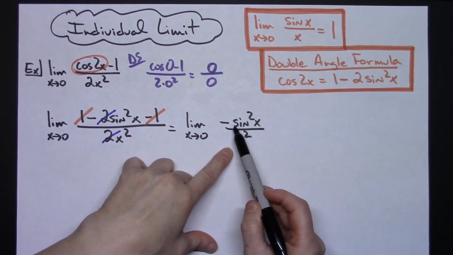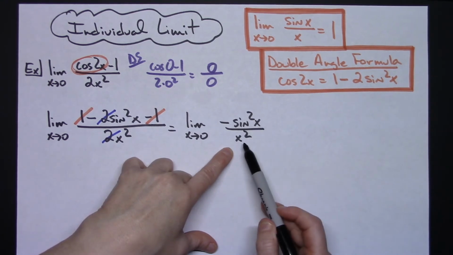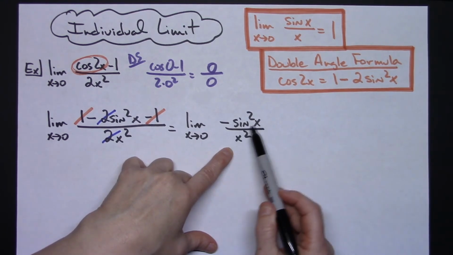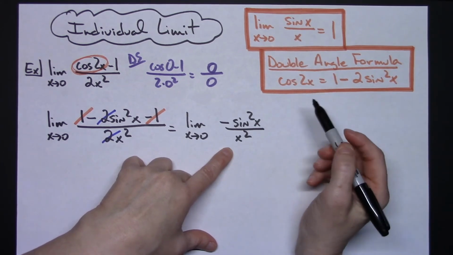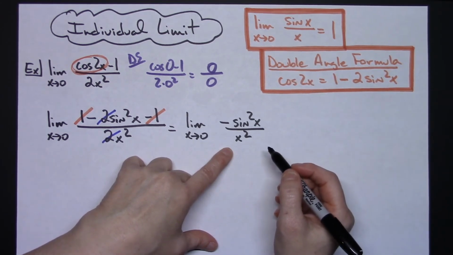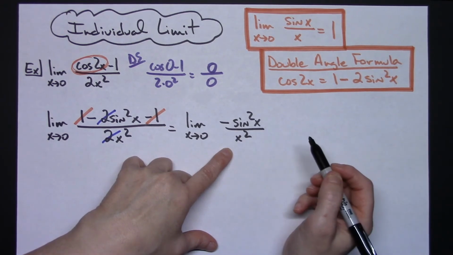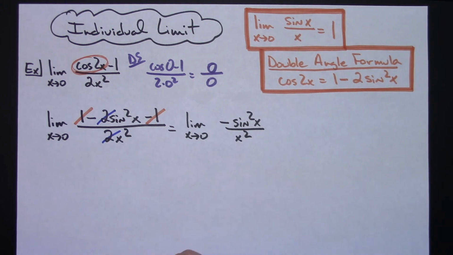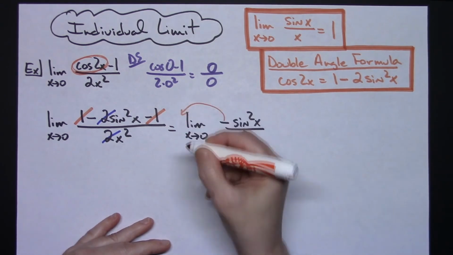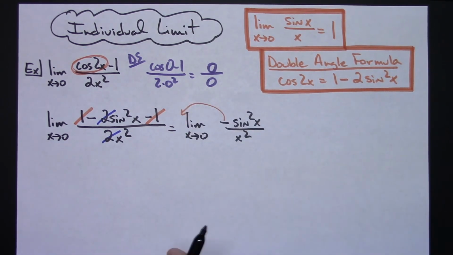Simplified there. Now I need to try to manipulate this so that I can get a sine x over x. Well, I've got sine squared x in the top, I've got an x squared in the bottom, so I definitely have two of both of those, so I can create sine x over x by just manipulating this rational expression right here. Now the negative there, I am going to go ahead and pull that out in front as a negative 1 because that's just going to mess things up. It's a constant.